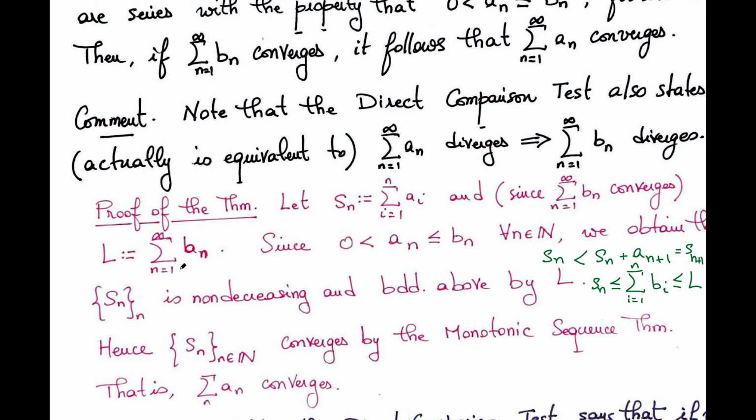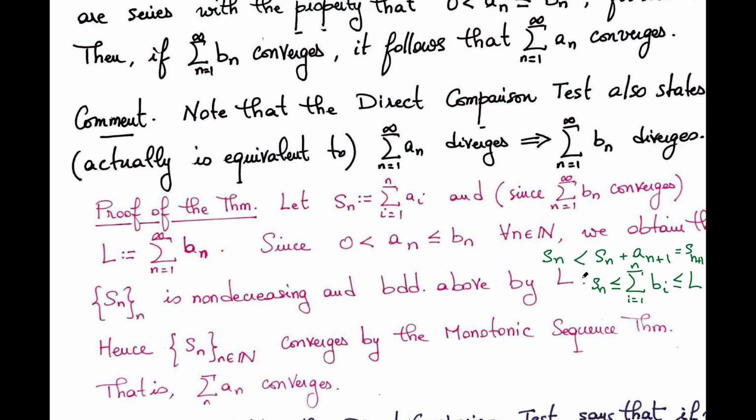As you see here, n goes from 1 to infinity, so certainly it contains those terms between 1 and little n. So this is bounded above by L, which is a finite number, because the series Bn converges. Correct? So this holds for all choices of n.